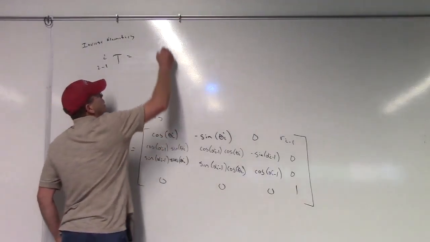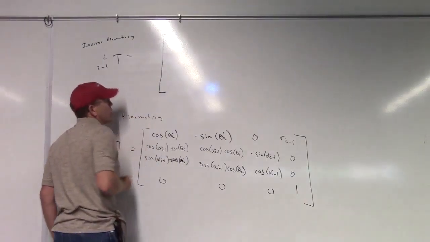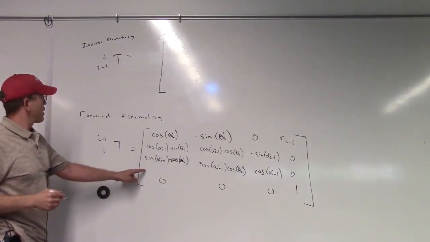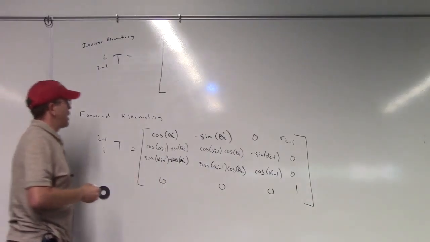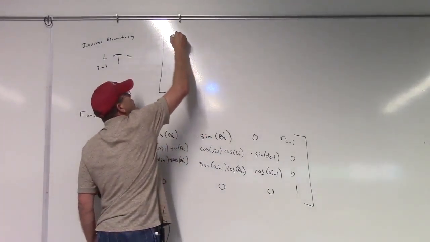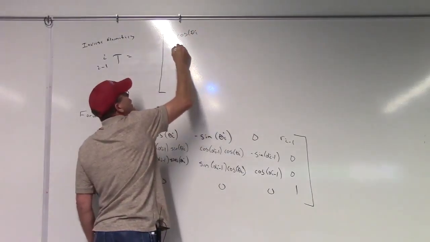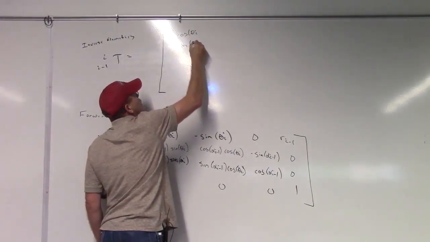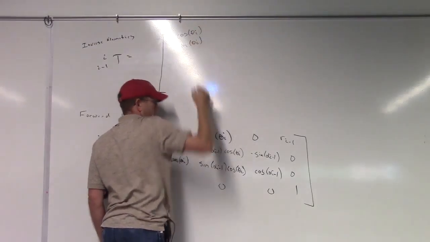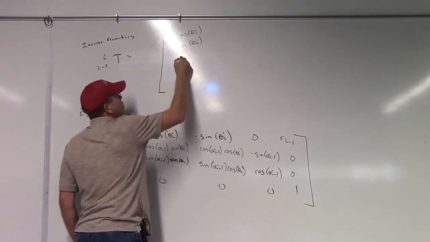So we can say that the rotation matrix associated with the inverse kinematics is equal to cosine of theta i, negative sine of theta i, 0.